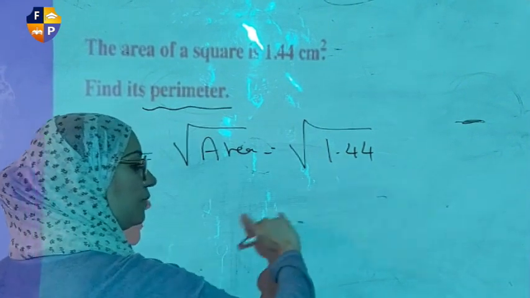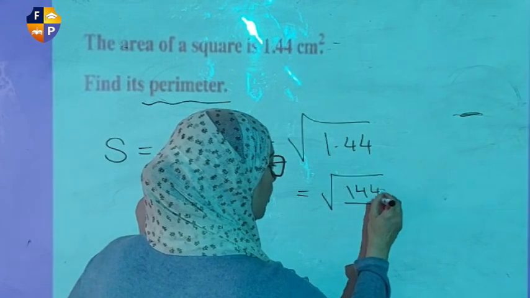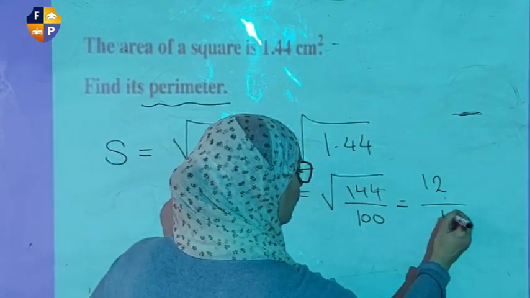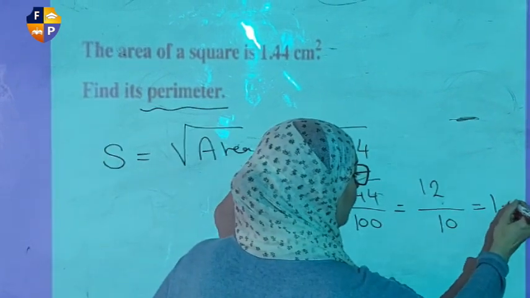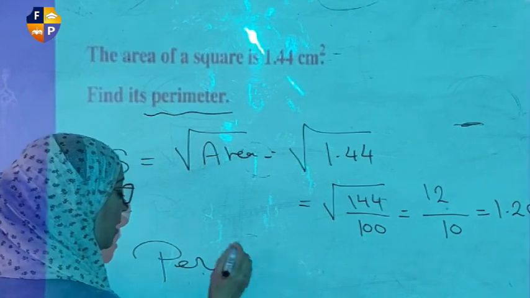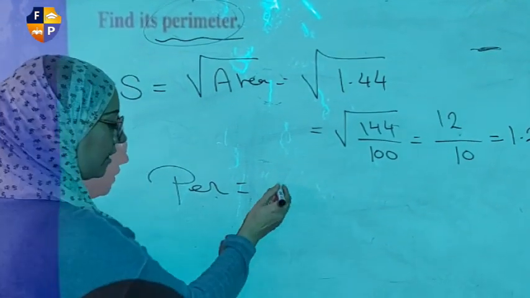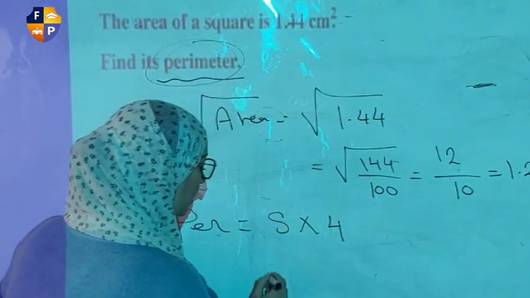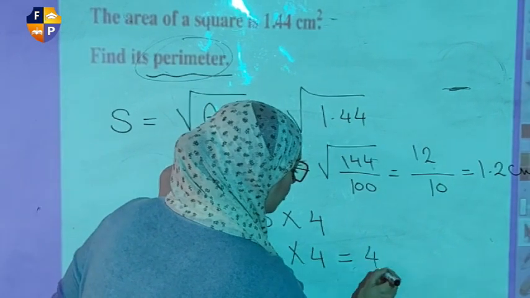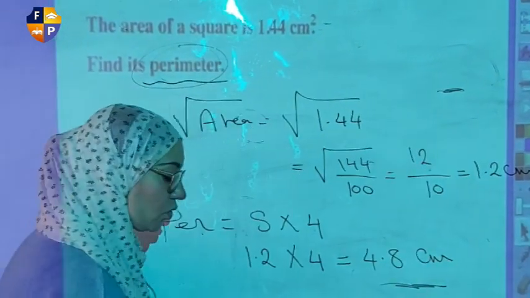Convert this decimal into a fraction, equals 144 over 100, equals 12 over 10, equals 1.2 centimeter. So when I want to get the perimeter of a square, side by 4, 1.2 multiplied by 4 equals 4.8 centimeter, and that's all.